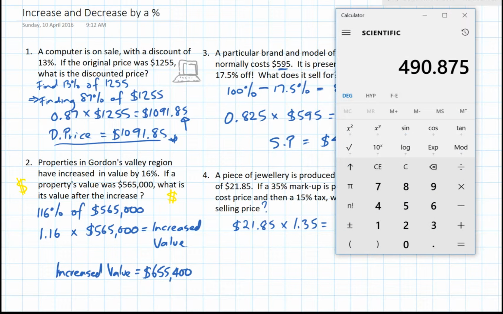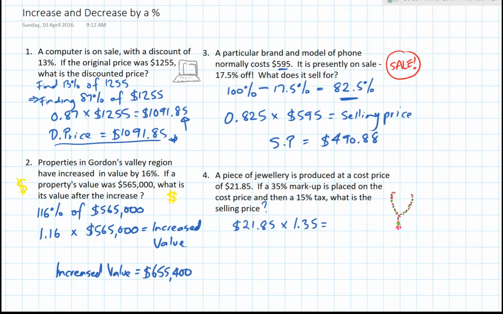Okay, so that gives us $29.50 with markup. Now we're going to do the with tax, so adding the tax on 15%.